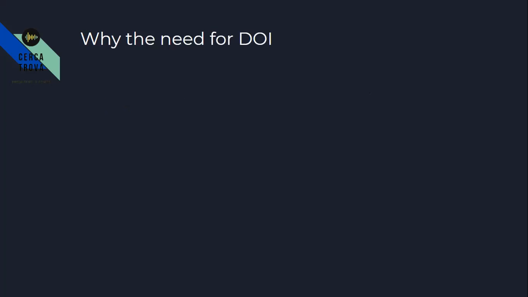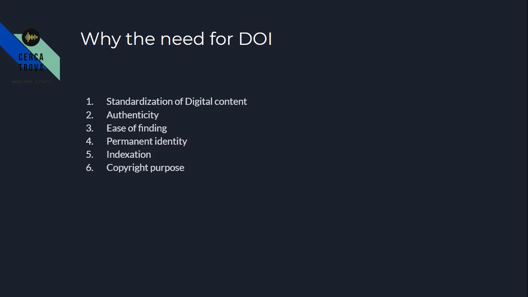So, why was there a need for DOI? DOI was required for standardization of digital content and is basically a unique identifier for any digital document. DOIs are important in academic citation because they are more permanent than URLs, ensuring that your reader can reliably locate the source.